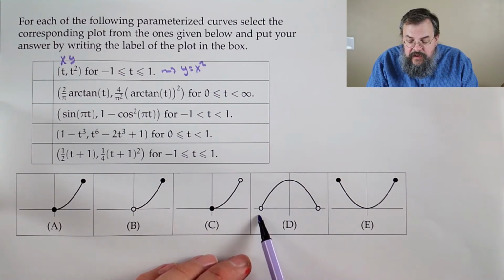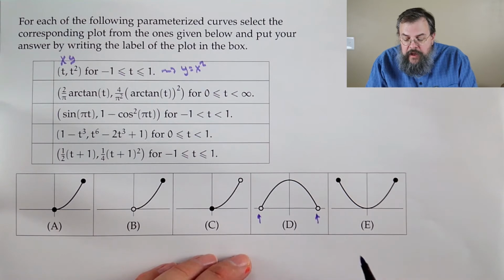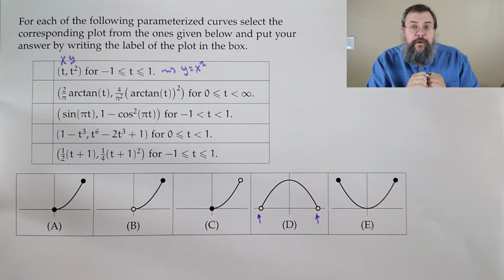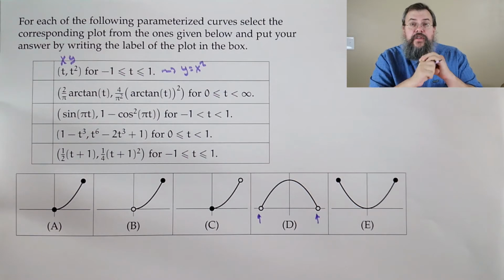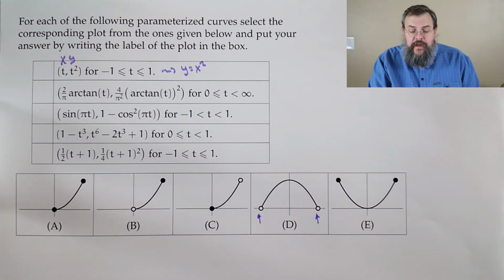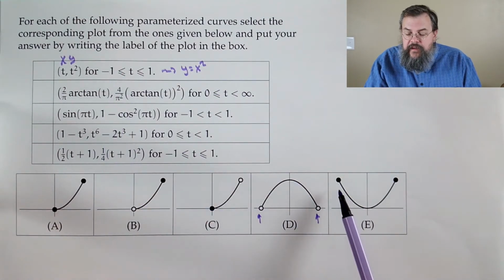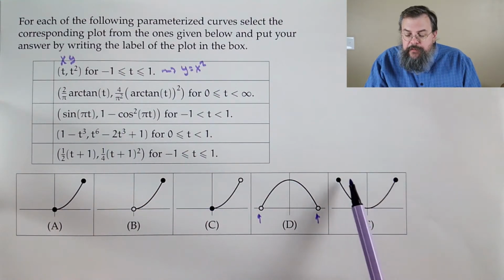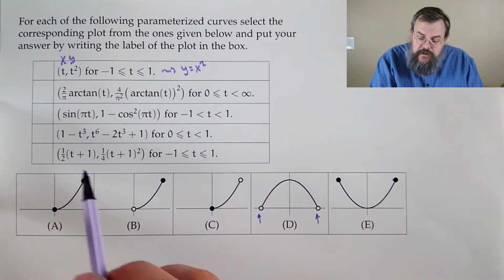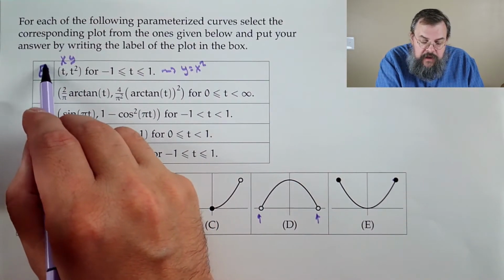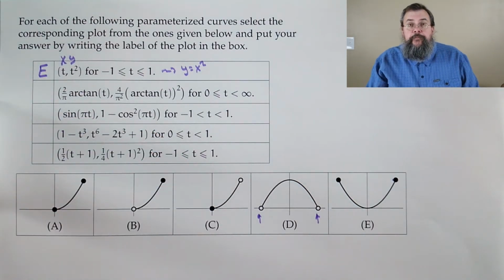The other thing is, notice the circles here. An open circle means that we don't include that point, whereas a closed circle says we do include the point. Notice that we are including our endpoints. So that says, good, that's E. We're going to mark this one as E.